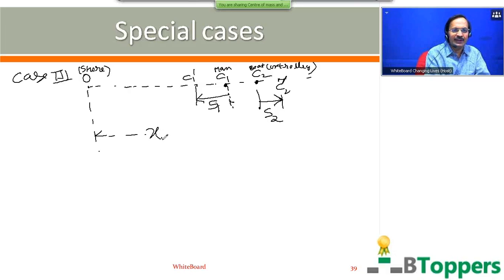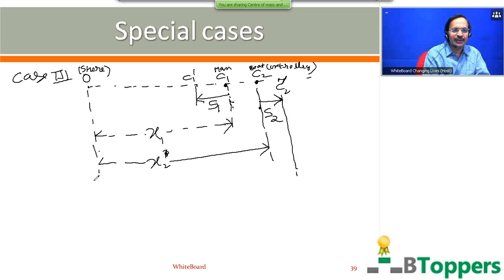Let x1 denote the initial distance of center of mass of man from the origin. Origin means some fixed point at the shore. Let x2 denote the initial distance of center of mass of the boat from the shore or origin. X2 dash is the new distance of center of mass of the boat or trolley from the origin.